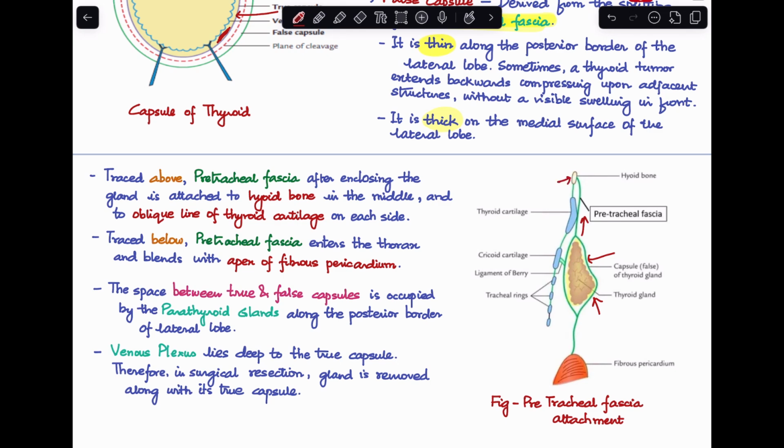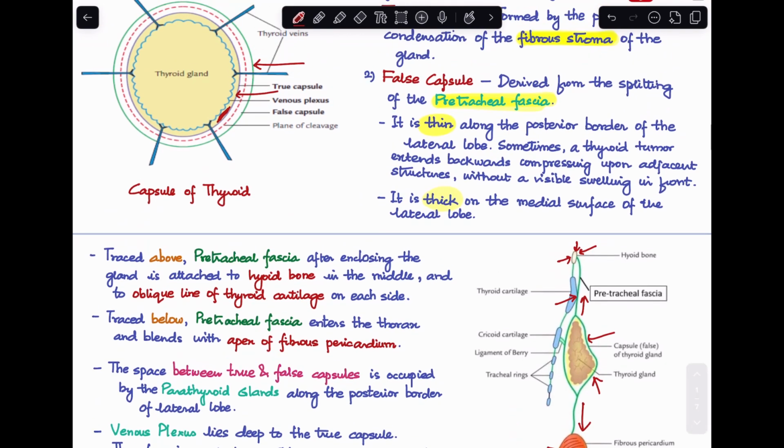You can see this is the hyoid bone. And secondly, it gets attached to the oblique line of the thyroid cartilage on each side. That is what happens when you trace the pretracheal fascia above. Now, if we trace it below, it enters the thorax and blends with the apex of the fibrous pericardium. So now we know about these two different fascia.